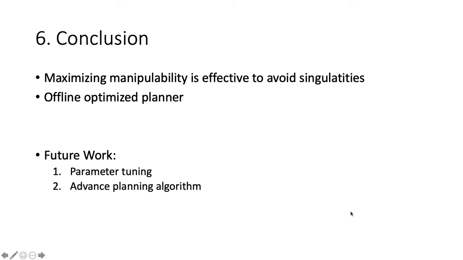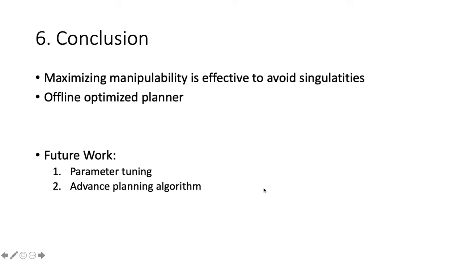So in this project, I have shown that maximizing manipulability is effective in both planning and control. And I also developed an energy efficient planning algorithm which outputs positions to let the robot arms have higher redundancy.